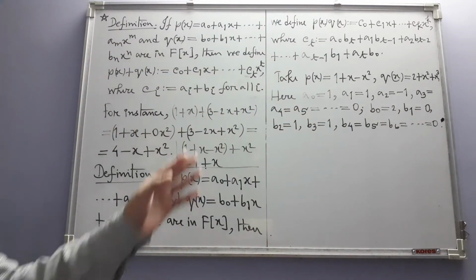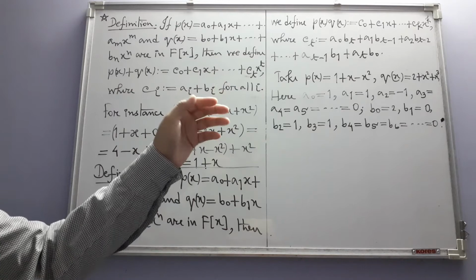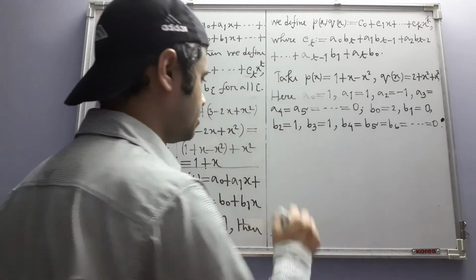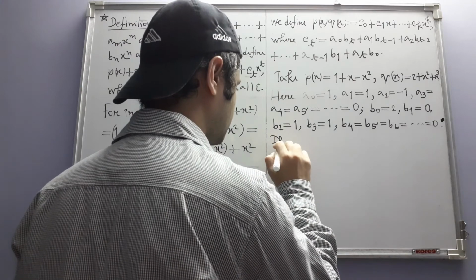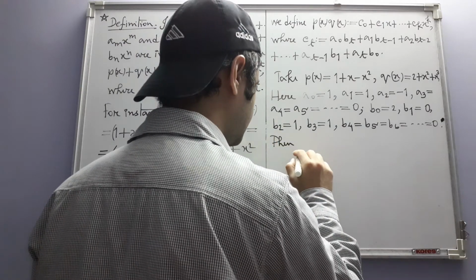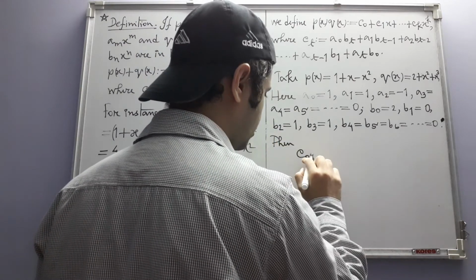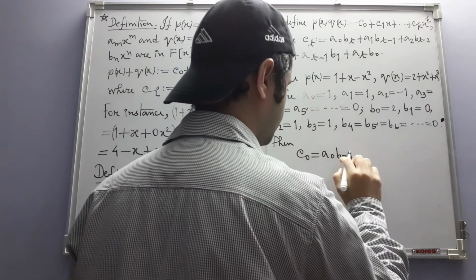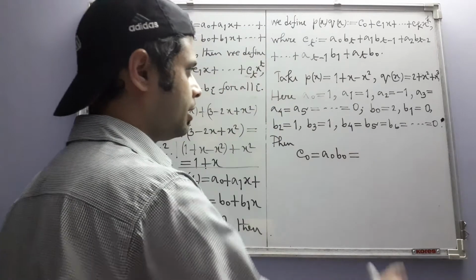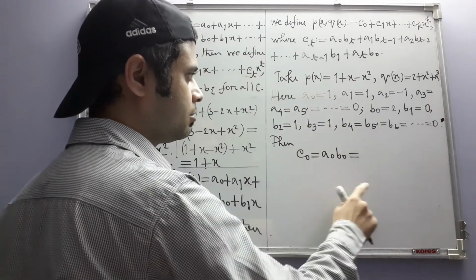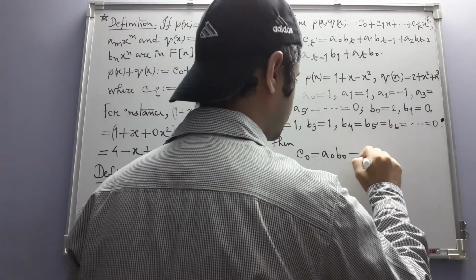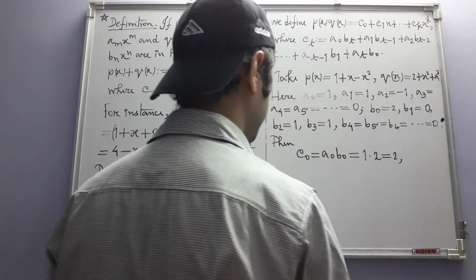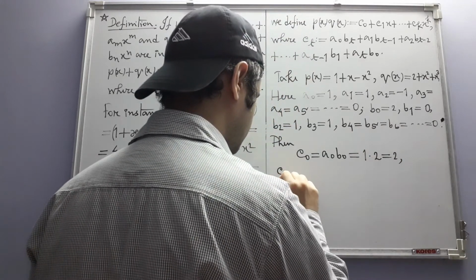So now we are going to calculate the coefficients Ci for the product of these two polynomials. Then what is C0? C0 can be only A0 B0. A0 is 1, B0 is 2, so 1 times 2 is 2. Okay.